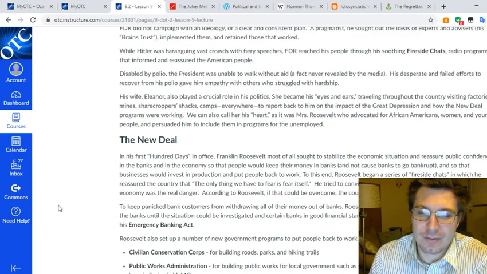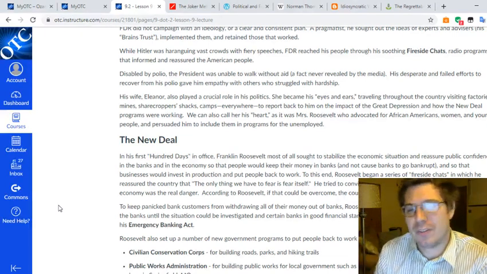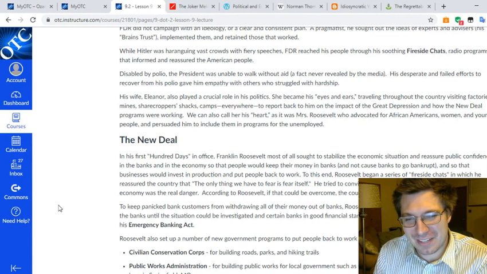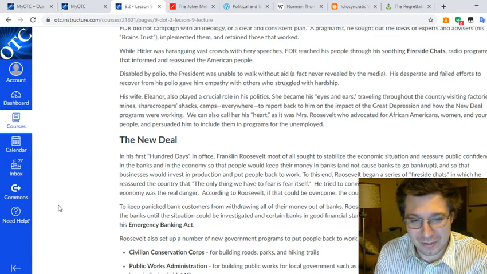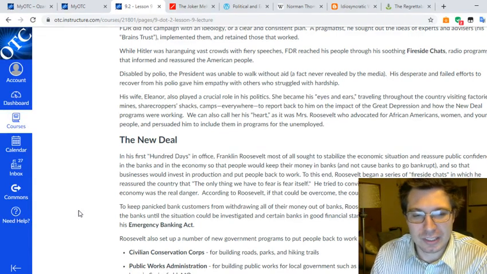To this end, Roosevelt began a series of fireside chats in which he reassured the country that the only thing we have to fear is fear itself. This is one of his sayings. He tried to convince Americans that lack of public confidence in the economy was the real danger.